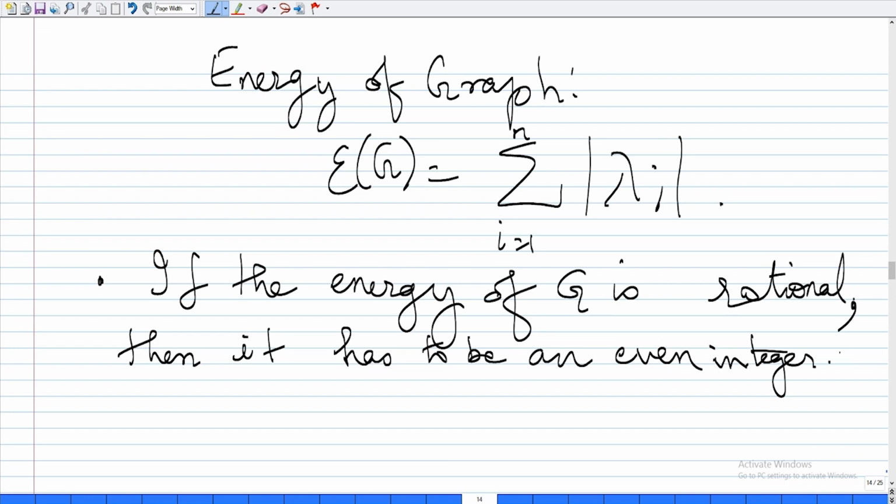Can you see why this should be? Yes, but why should it be an integer? See, a rational could be an even rational, like 2 times some rational number, it is fine, right. So, that is how the proof will go.